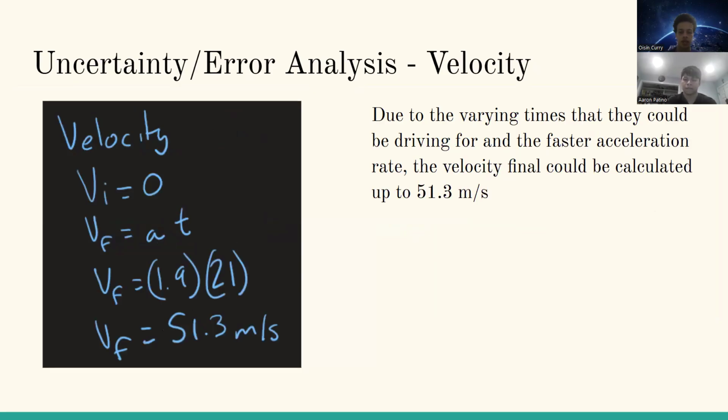Due to this change in time, their velocity would change. Their final velocity could be up to 51.3 meters per second because of this increase in acceleration. The different cutaways led to more speeding up. Thank you.